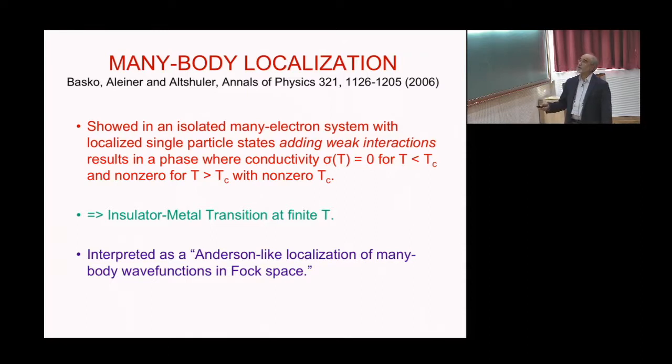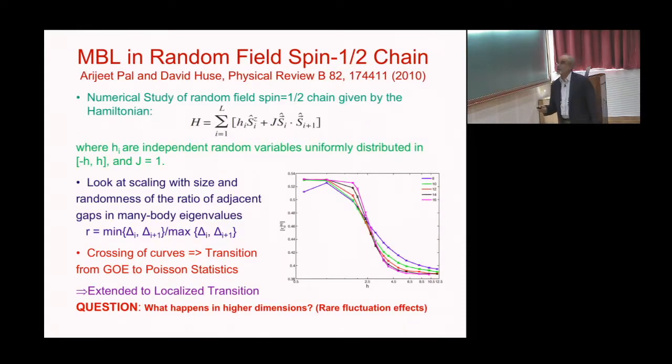But this was a perturbative analysis, and the next step, in terms of trying to understand many-body localization from a statistical physics point of view and its connection to the eigenstate thermalization hypothesis, was work by David Huse and co-workers.